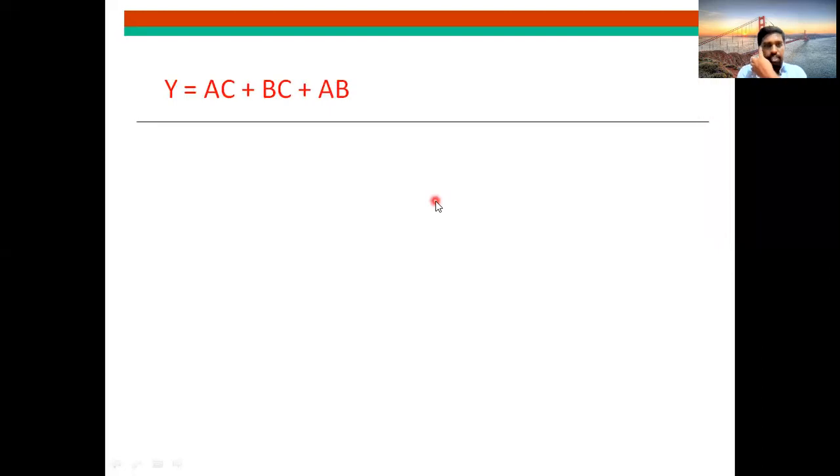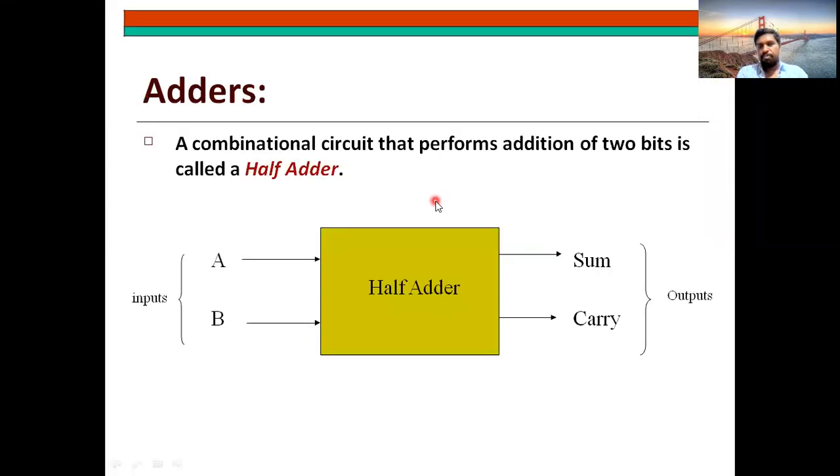Now we will see the best example of a combinational circuit, which is the adder circuit. So how can you define an adder? The adder is a combinational circuit which performs the addition operation between input variables.